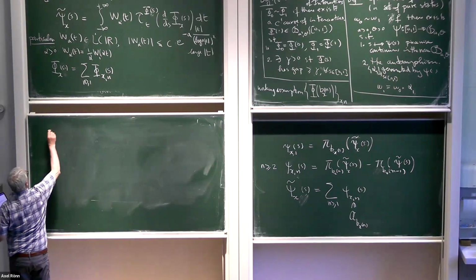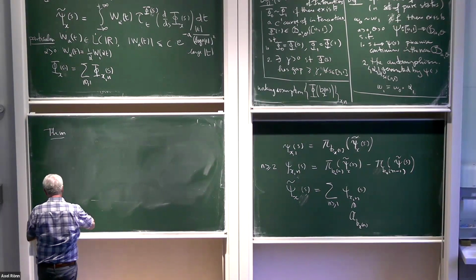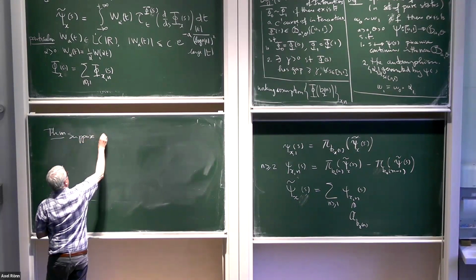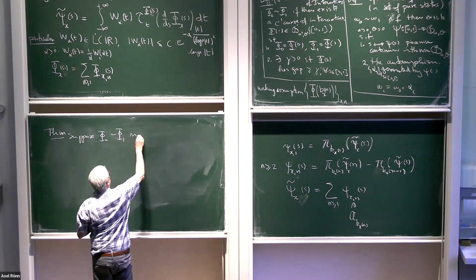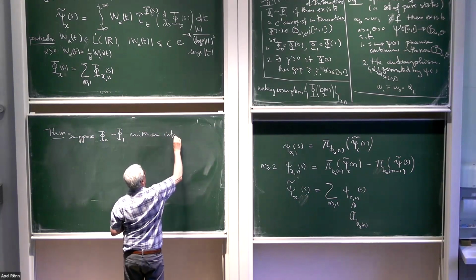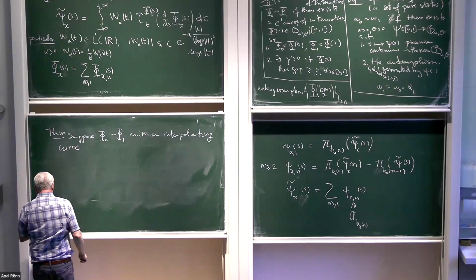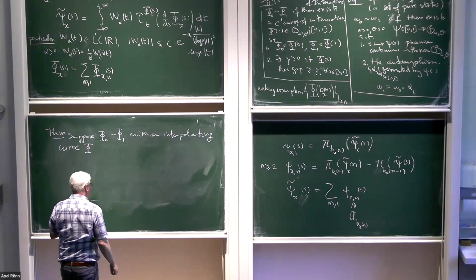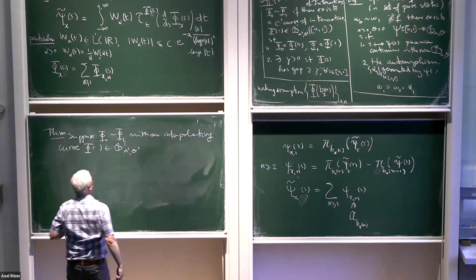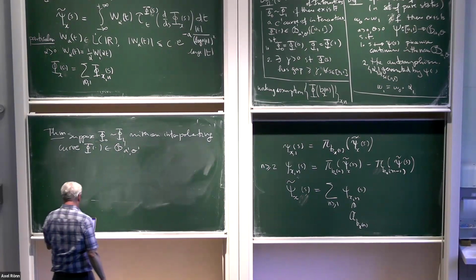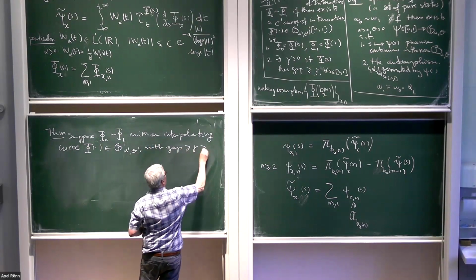So here is the theorem. Suppose P0 is equivalent to phi1 according to our definition with an interpolating curve phi of s, some nice differentiable interaction with sufficient decay, with a gap that is bounded below by this positive gamma.